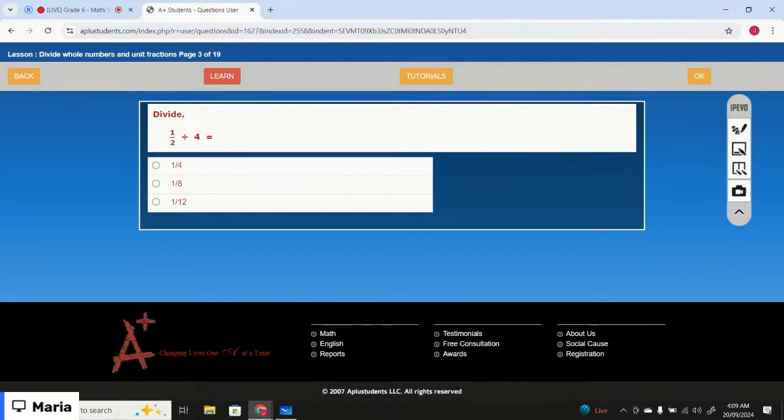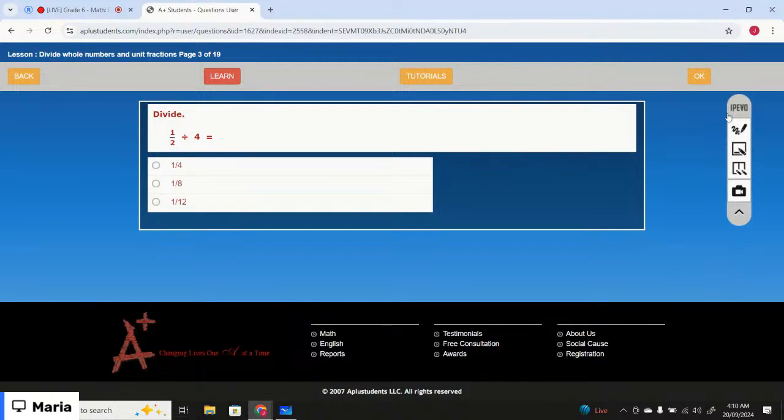1 by 2 divided by 4. So which is the correct option? That is 1 divided by 8.